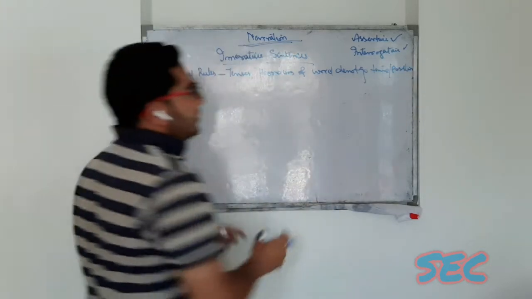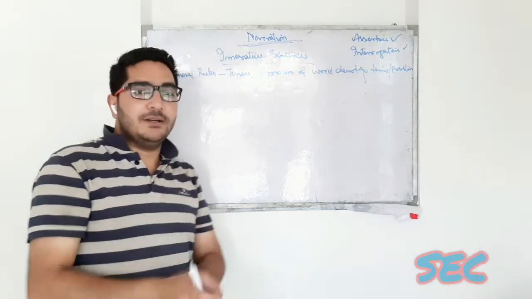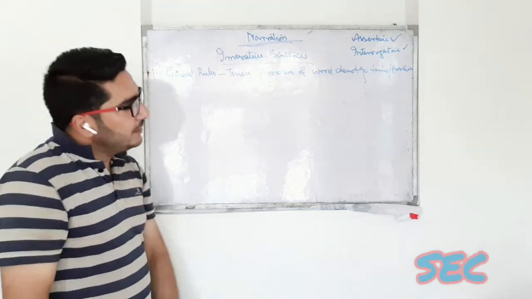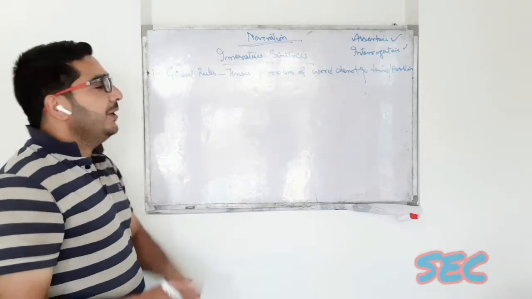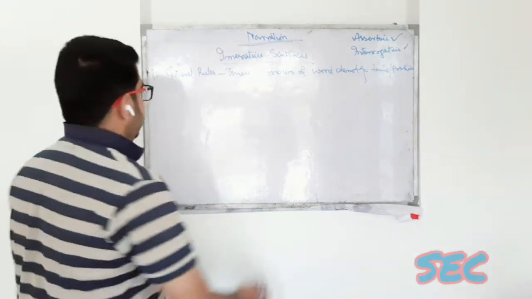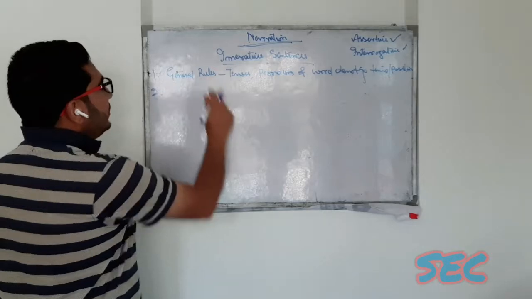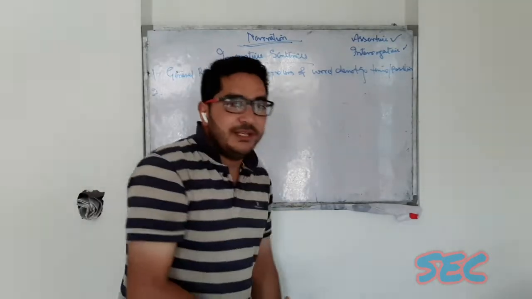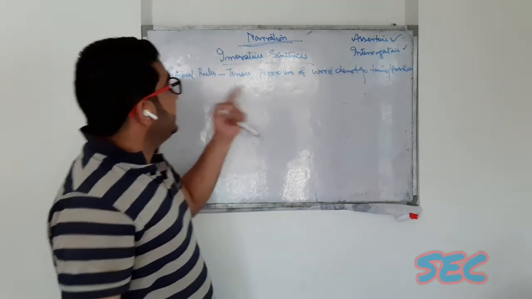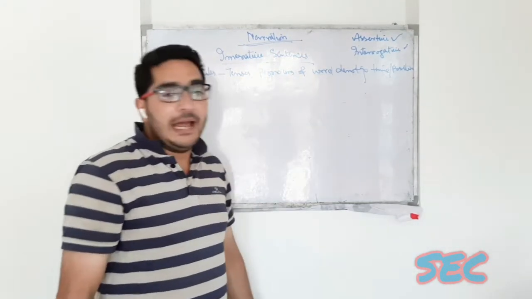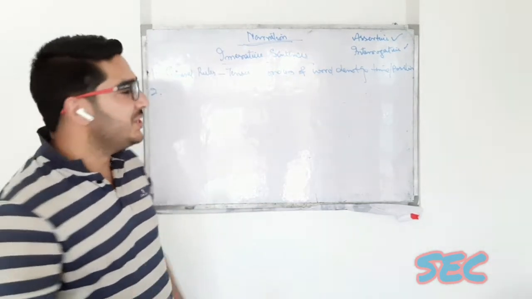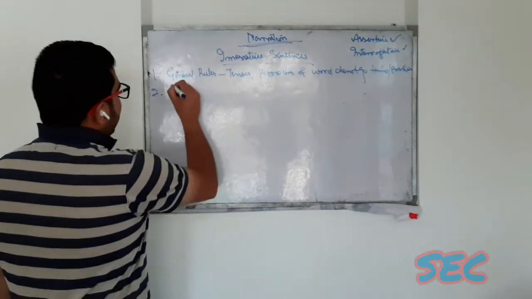So these rules we have already discussed in general rules. Now the other rules that are specific, that are only followed in imperative sentences, we'll discuss. So the first rule is that in imperative sentences, tenses are changed, pronouns are changed, and words denoting time and position are also changed. Second, reporting verb.